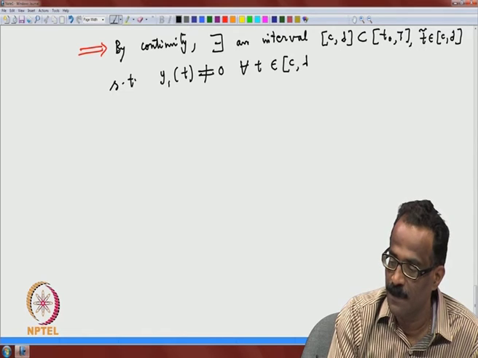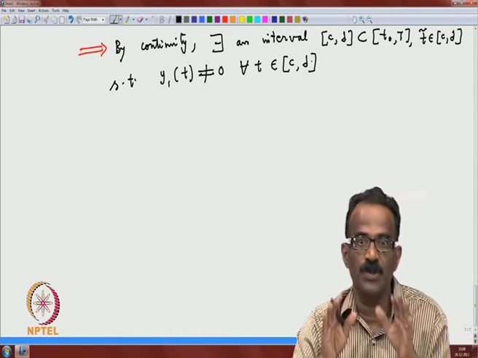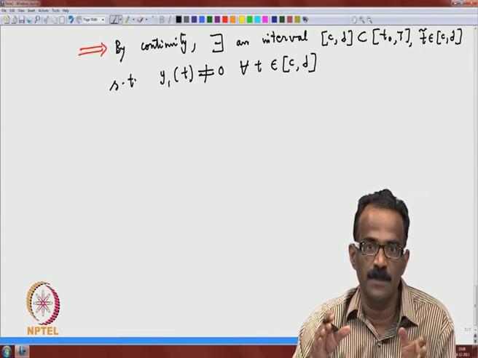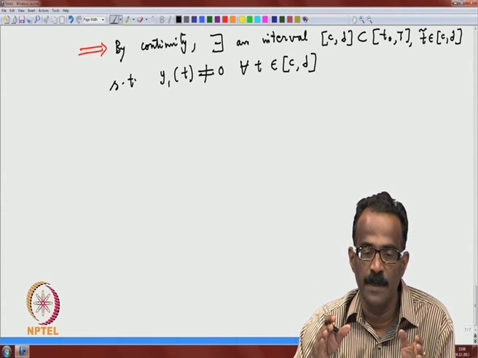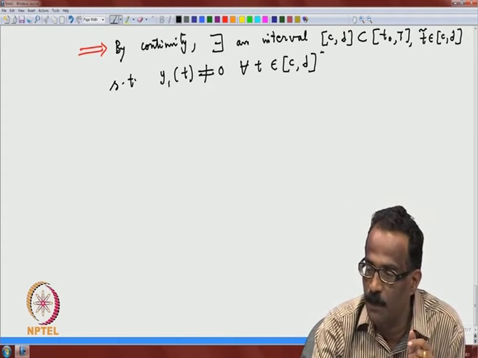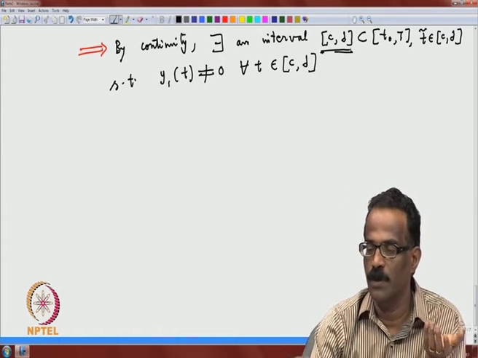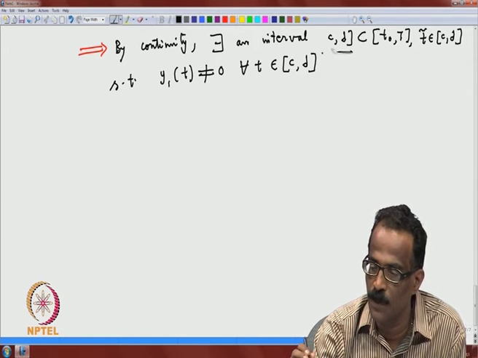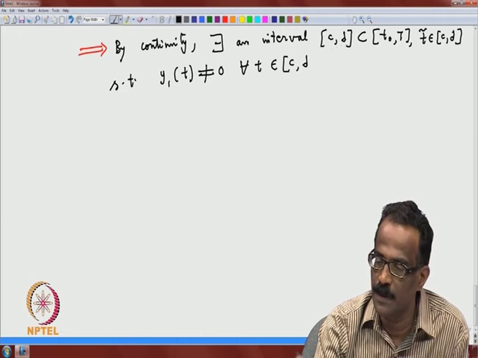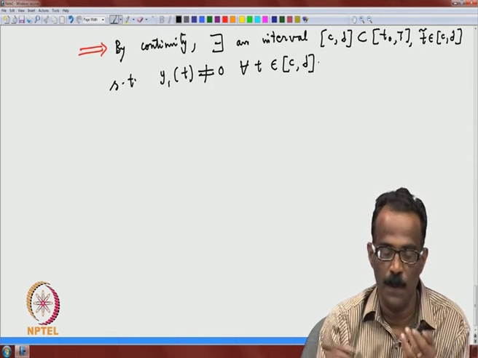You see, we are using just continuity of the function y1. If a function is not equal to 0 at one point, it is not equal to 0 in a neighborhood of that point, and that neighborhood I take to be CD, that is all, nothing more than that. You do not need anything else, that is a simple analysis problem.